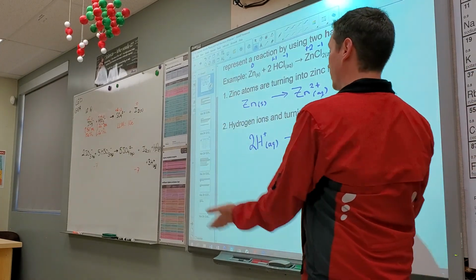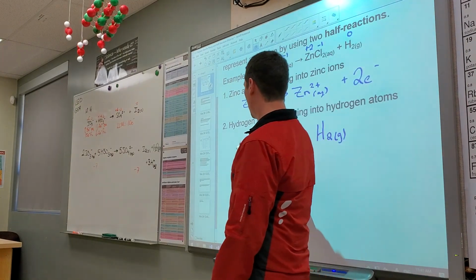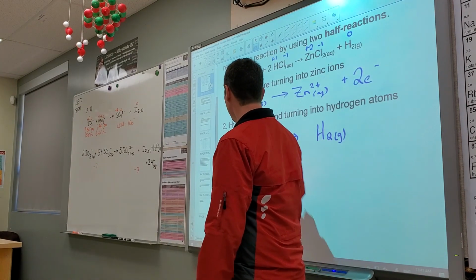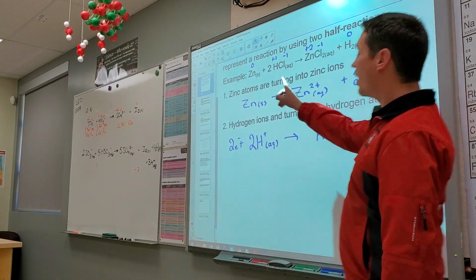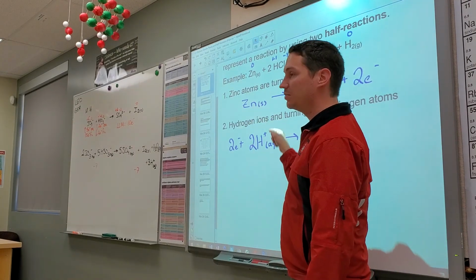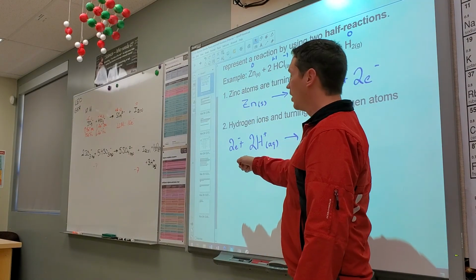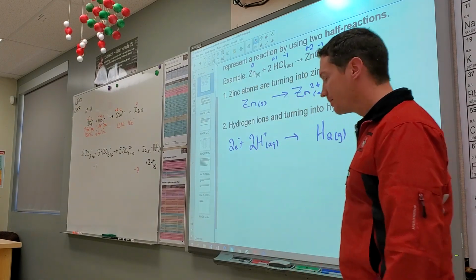Now that we've followed the law of conservation of mass, we have to follow the law of conservation of charge. So where are we going to put electrons? On the left-hand side. Do you agree that if something is losing electrons, something else has to be gaining electrons? Which one is losing and which one is gaining here?